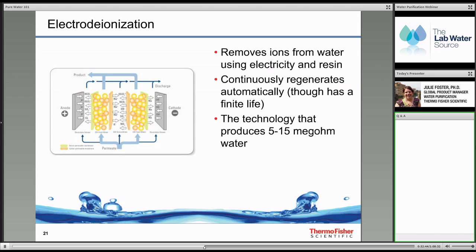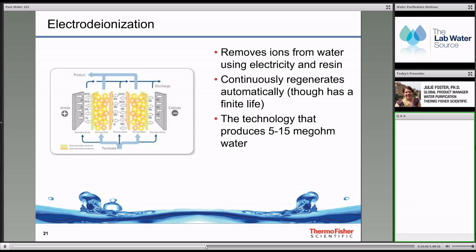The resin works in the same way it does in the cartridge from the previous slide, with the one big exception: when the resin gets exhausted, there's an electric current that keeps recharging it. In the previous slide with the cartridge, I told you when it exhausts, you have to change it. You throw it away and put in a new one.